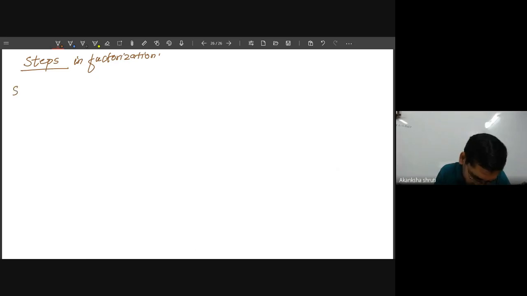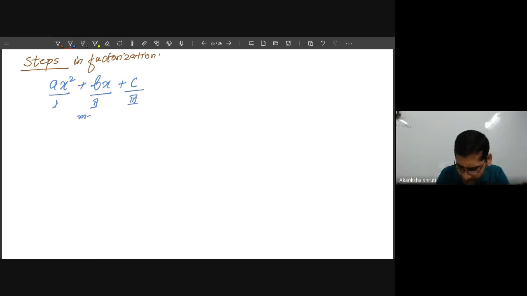So write down step 1. For writing step 1, we will take the general formula, our ax square plus bx plus c. This is the first term, this is the middle term or second term, and this is the third term. Last or third mean the same thing.